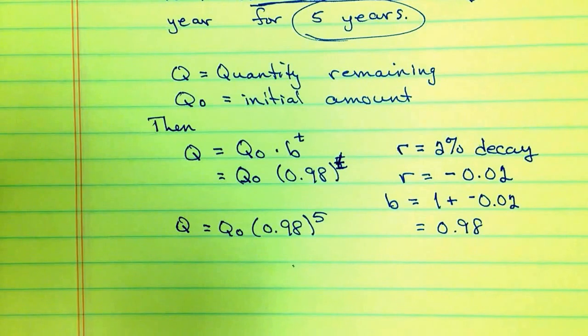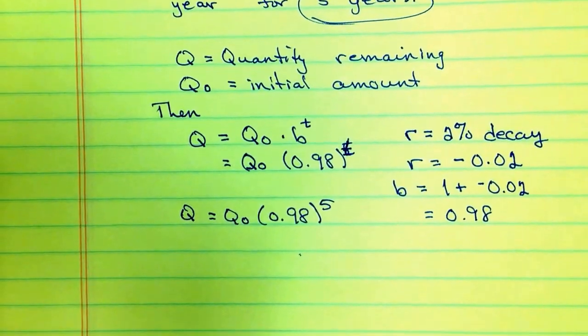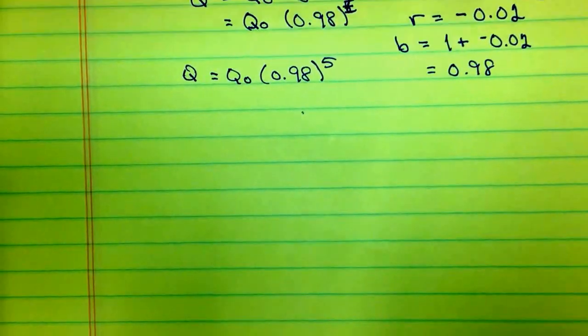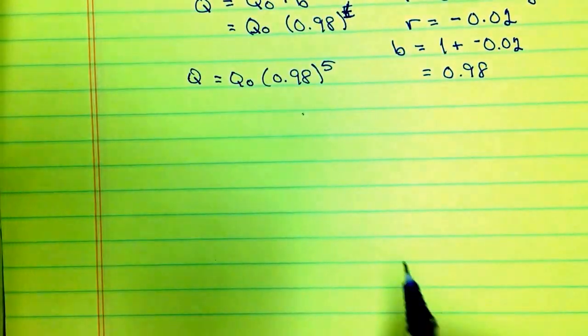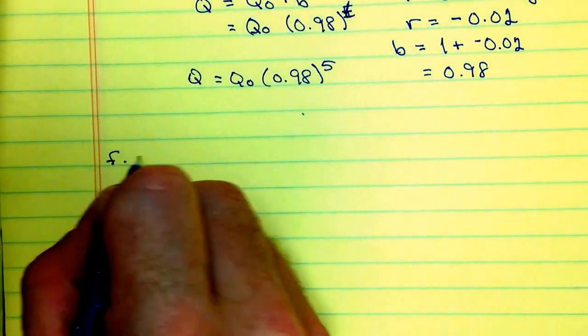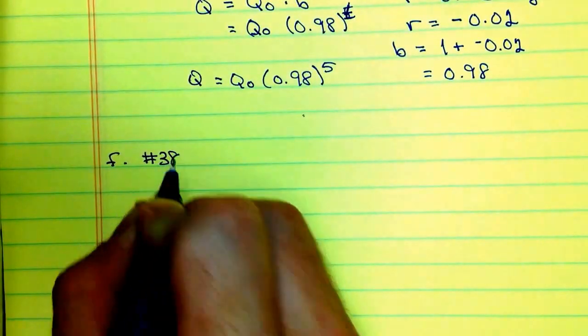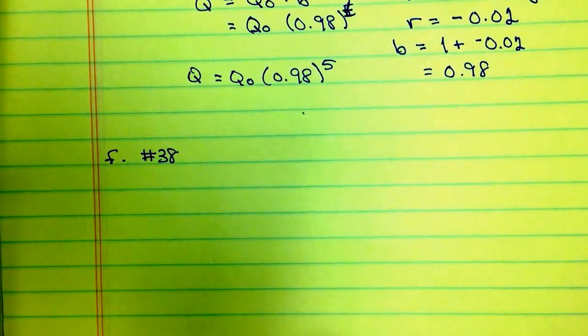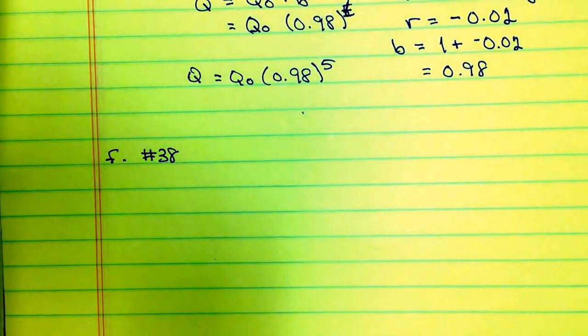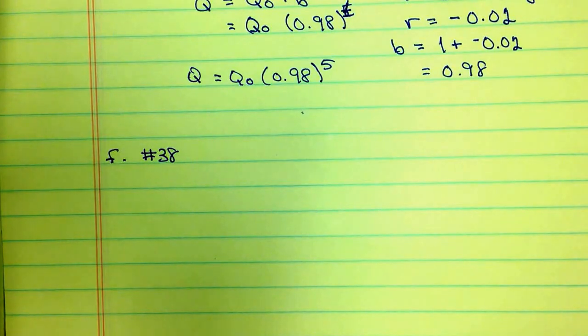All right, so how about number 38? Here we state the starting value A, the growth factor, and the percentage growth rate for the exponential problem.